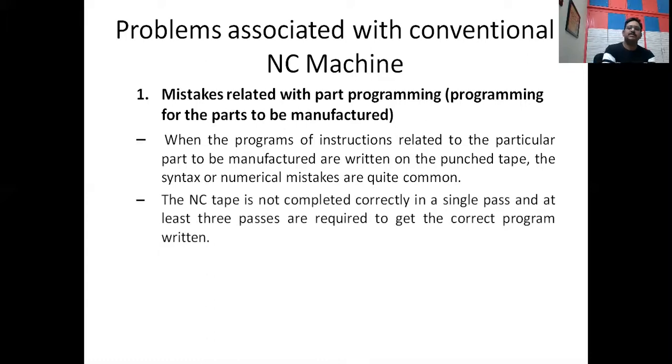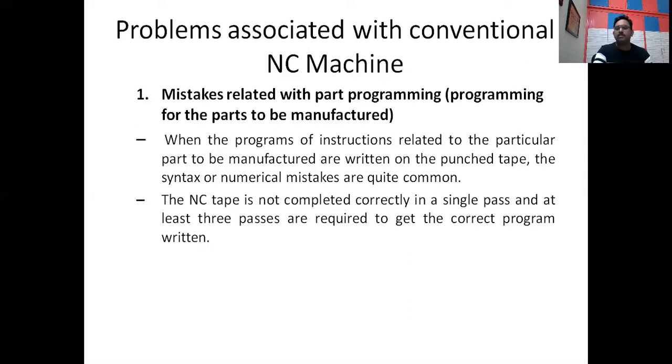The NC tape is not completed correctly in a single pass. Generally, when we prepare an NC tape, it can't be prepared in a single pass. At least 3 passes are required to get the correct program, because we have to check once again, a second time, a third time, because the programming is very important.